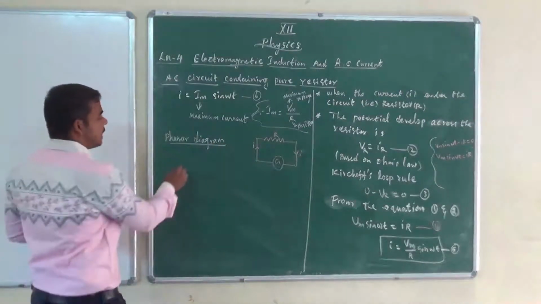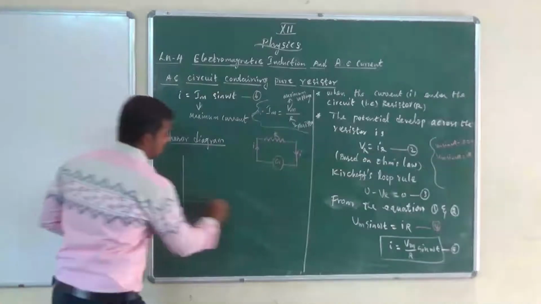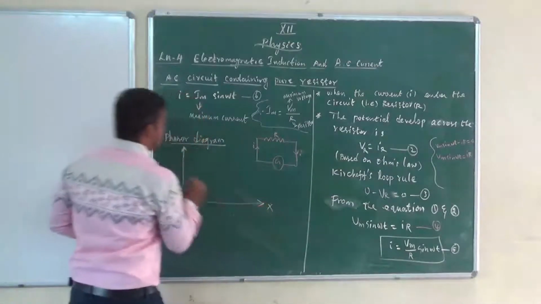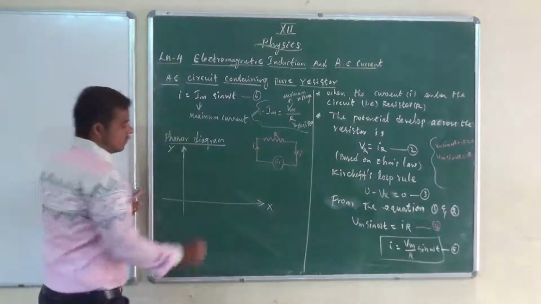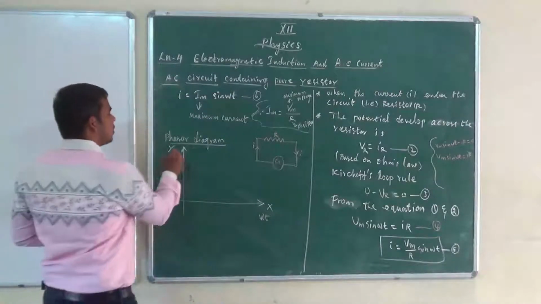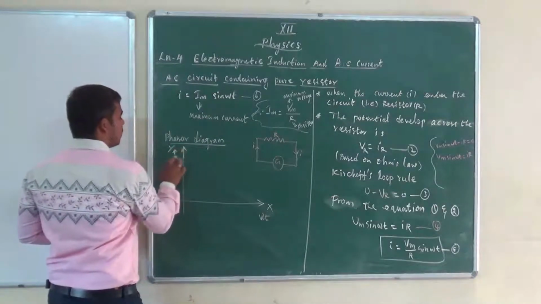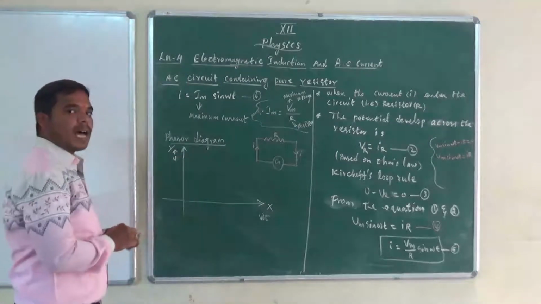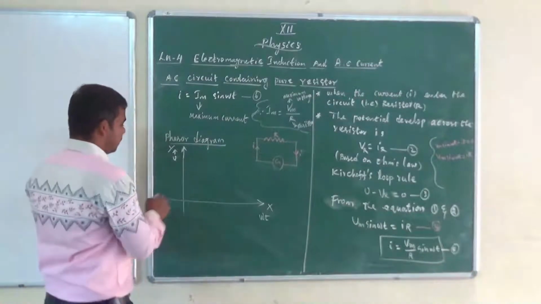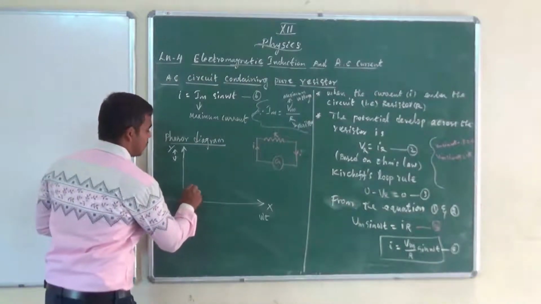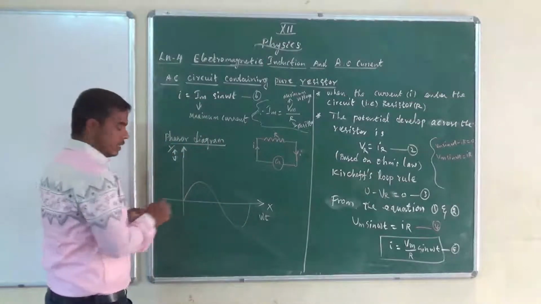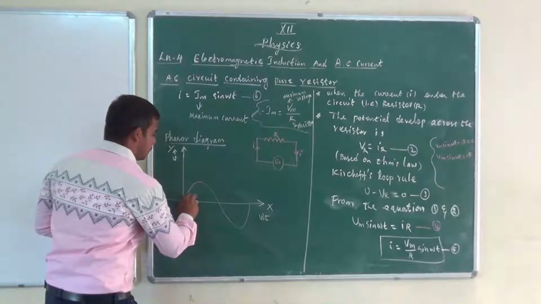So first I'll draw the x and y axes here. The x axis is angular velocity times time, and the y axis is voltage. If I draw the variation of alternating voltage and alternating current, first I will draw the continuous line, next the dotted line.